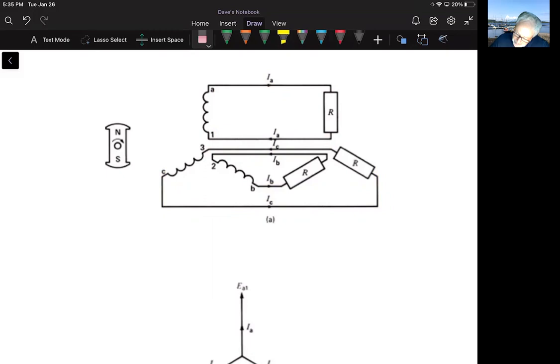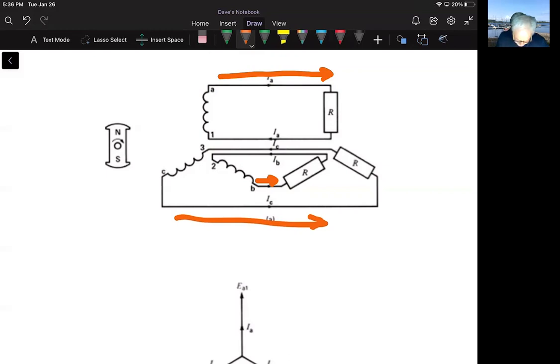We're going to show that current for phase A is flowing in this direction, current from phase C is flowing in this direction, and current from phase B is flowing in this direction. They all have a return path that goes from the load and back to the source.